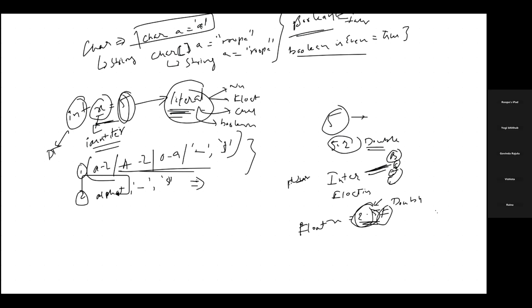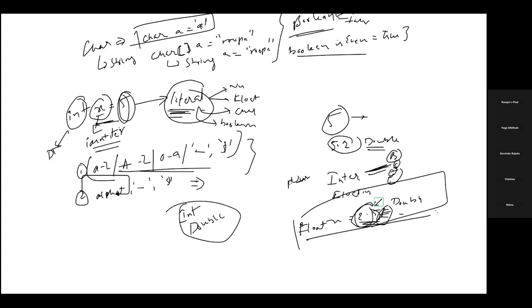This might be confusing, so we'll talk about it later. Just remember that the default type for integers is int, and for floating point, it is double. I will talk about this while we are coding. So this is how you declare a variable, and this is how you store data in a variable.